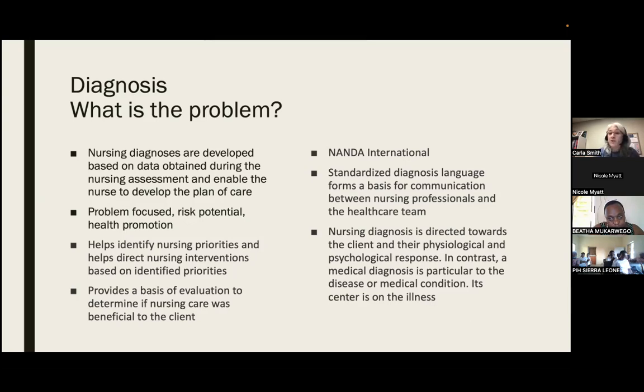Again, if we have a patient who has shortness of breath, one of our nursing diagnoses might be ineffective airway clearance or ineffective gas exchange, whereas a medical diagnosis is going to go straight to pneumonia, or it's going to say upper respiratory infection or maybe COPD.